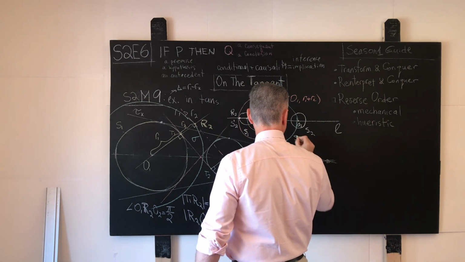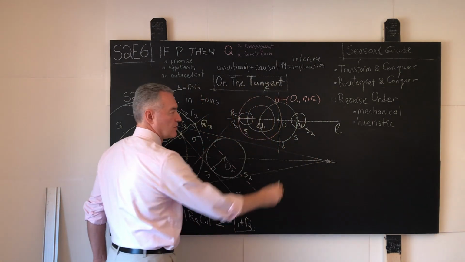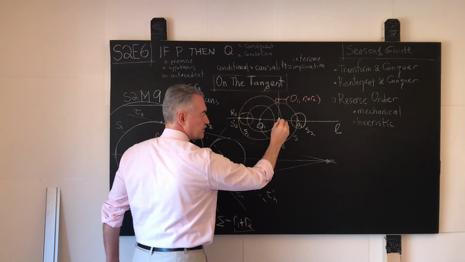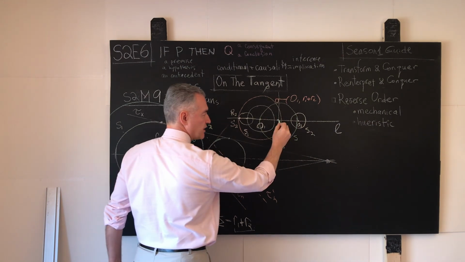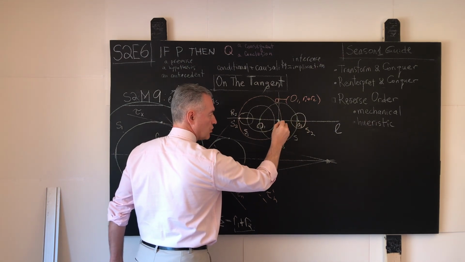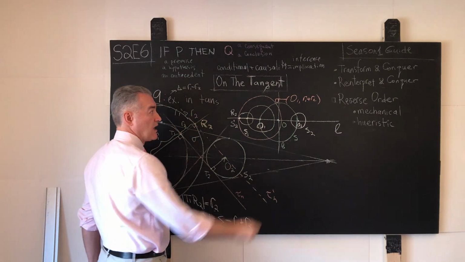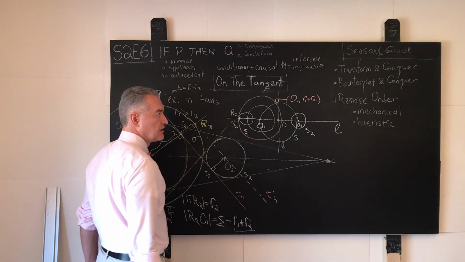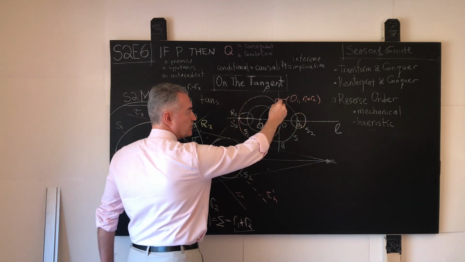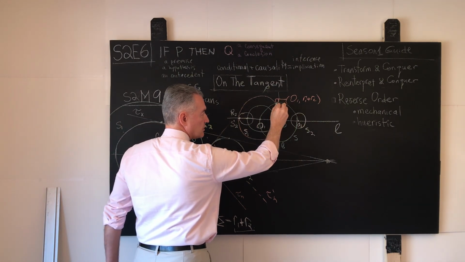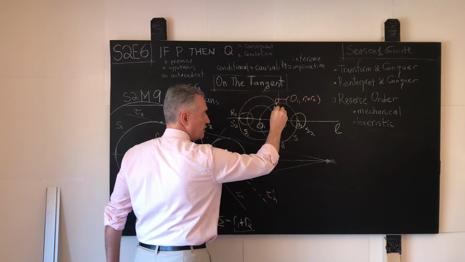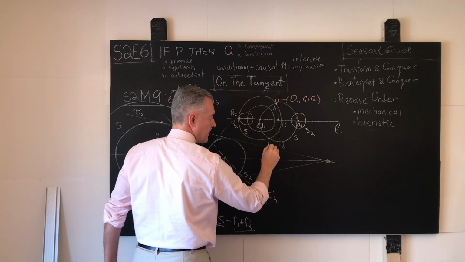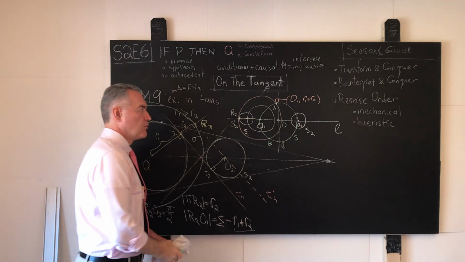We'll call it the circle S, centered at the point O with the radius O, O2, O, O1. That circle S will intersect the circle sigma at two distinct points, let's say at the point A and at the point B.